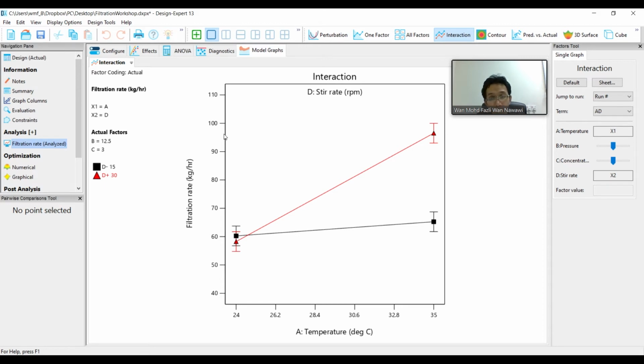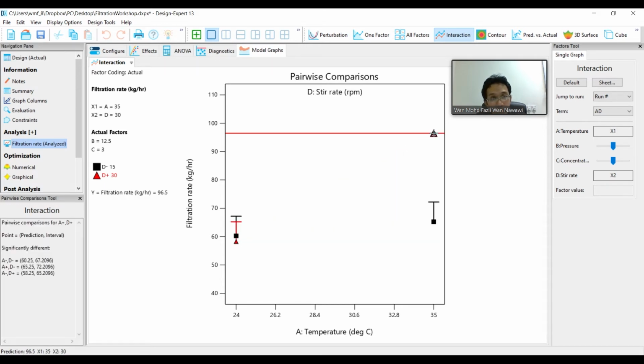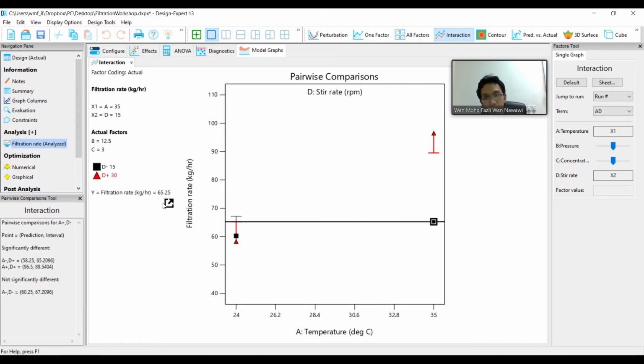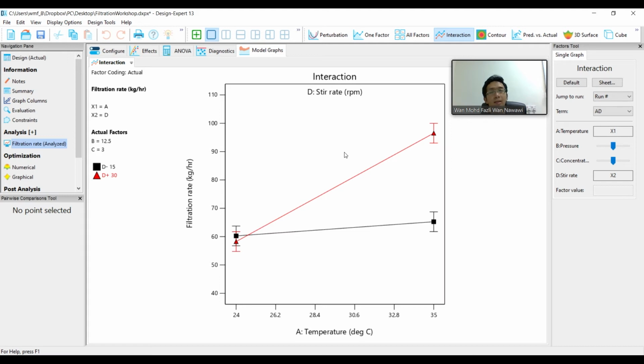If you want to know how much, you just click there and it gives you the value next to the filtration rate axis. If you click outside, you get nothing.